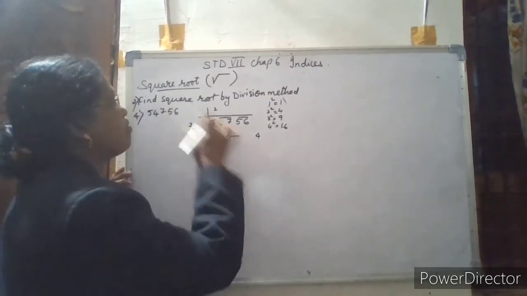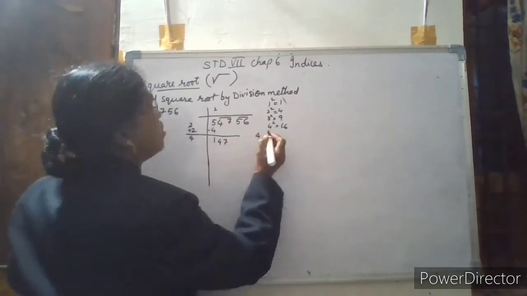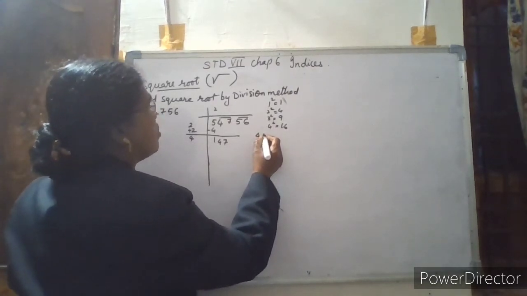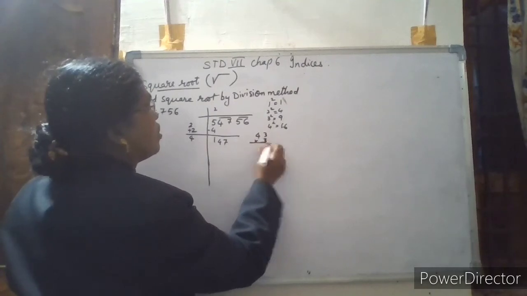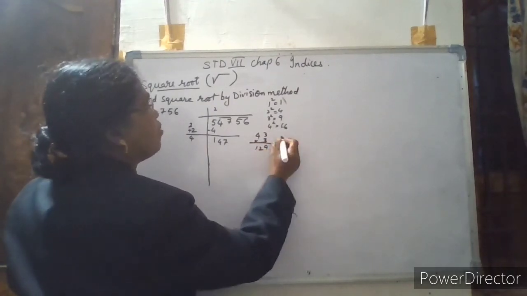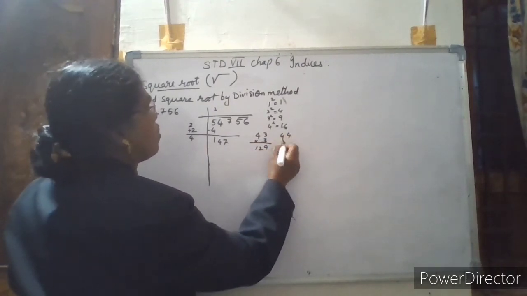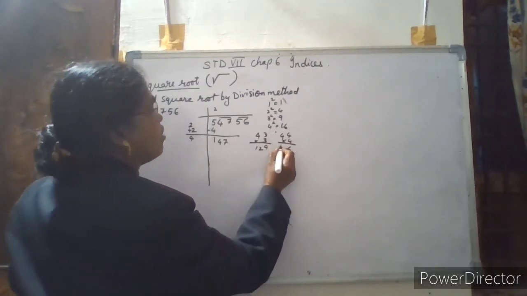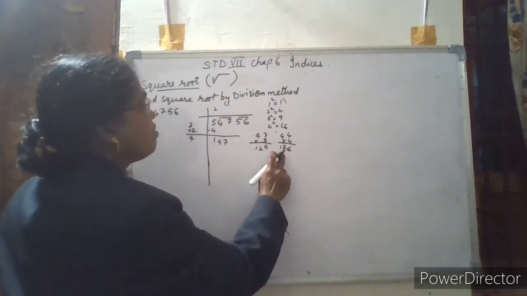Let me take, suppose, 3 into 3. 3 3 is 9, 3 4 is 12. One more number we will count: 4 into 4. 4 4 is 16, carry on, 4 4 is 16, 1 plus 1 17. So 176 becomes more. So we have to take this 3, which is 129.